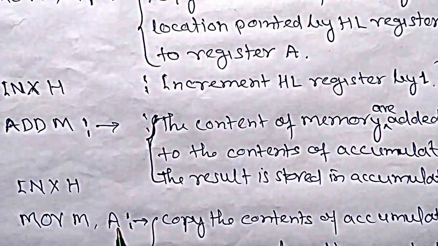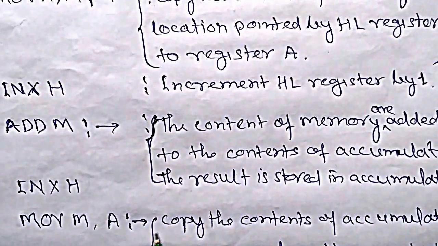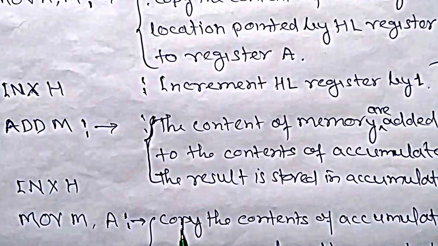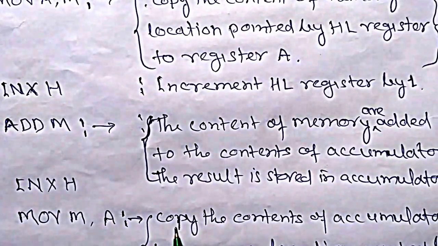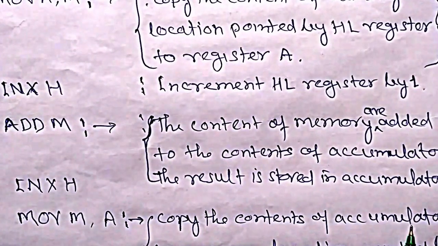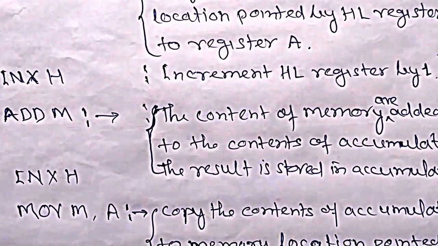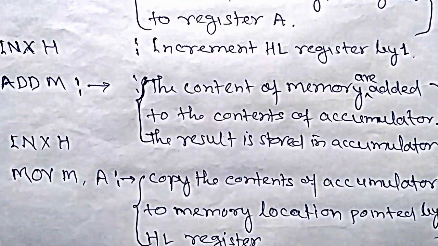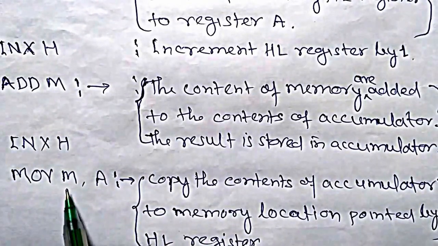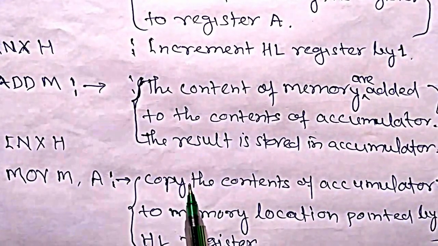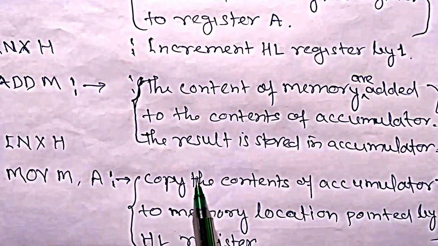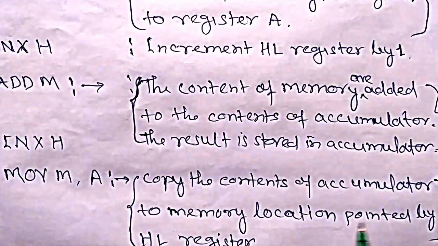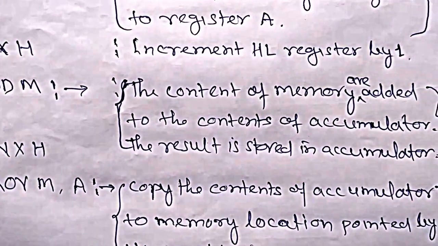MOV M, A. This instruction tells us to copy the contents of the accumulator to the memory location pointed to by the HL pair register.